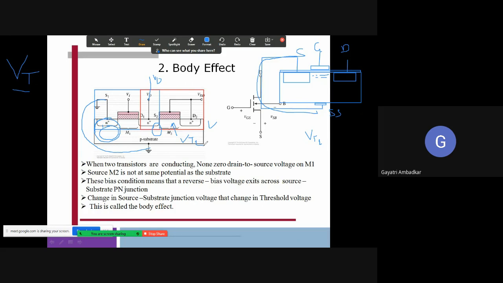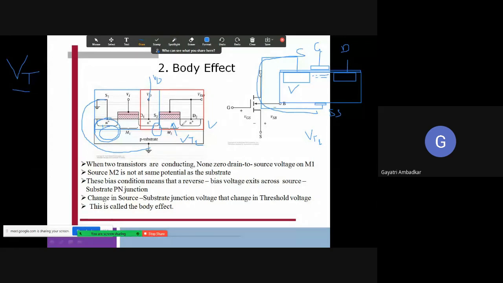Will it remain the same? In this case, your source and substrate were at ground potential. But in the second case, your source and substrate are not at ground potential. It is having different potential. So the voltage which is required to form the inversion layer will be different, because source and substrate here are at some different potential.